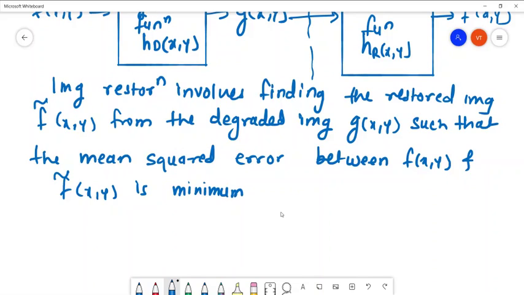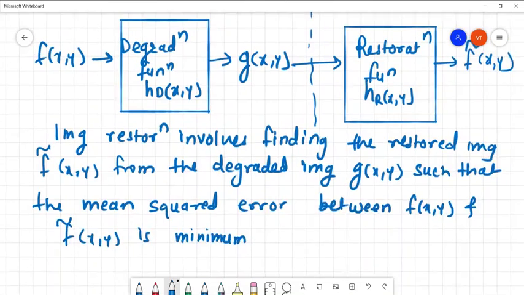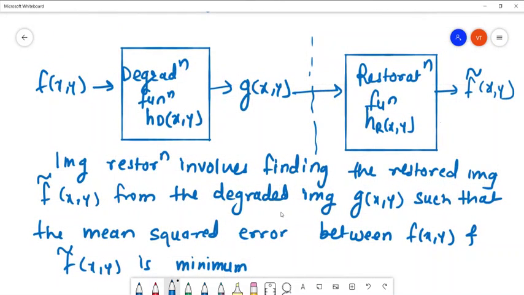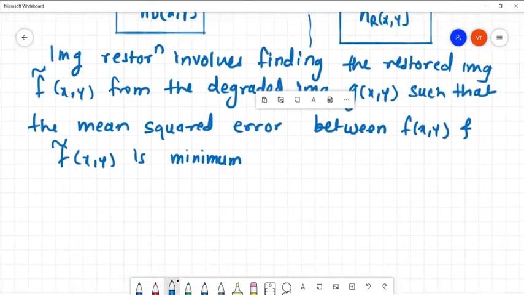That's what I said, right? Ideally f tilde should be the same as f of xy, but practically we will achieve f tilde which is near to f of xy, so the error between f and f tilde should be minimum, right?